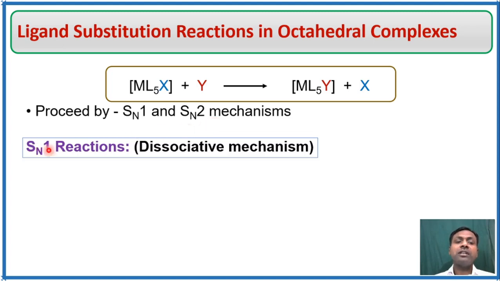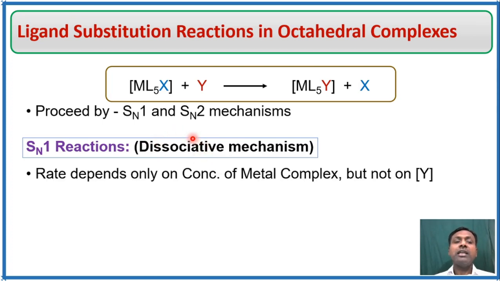These SN1 reactions, as we have said, are nucleophilic substitution reactions, unimolecular, and the mechanism by which these reactions take place is called the dissociative mechanism. Here in these SN1 reactions, the rate depends only on the concentration of the metal complex, but not on the concentration of the incoming or entering ligand.